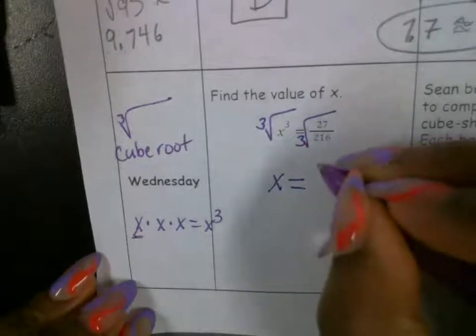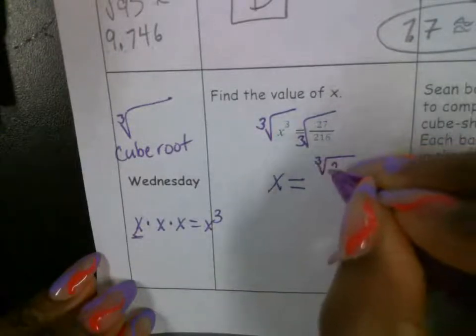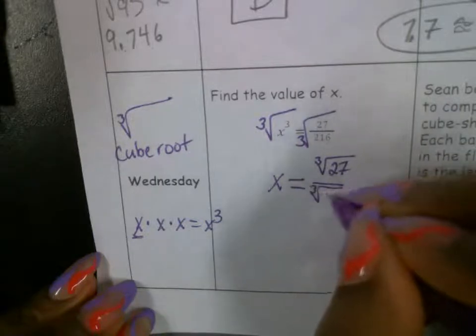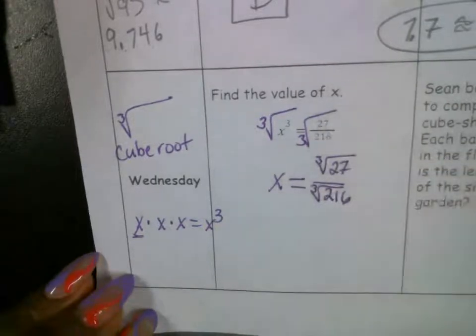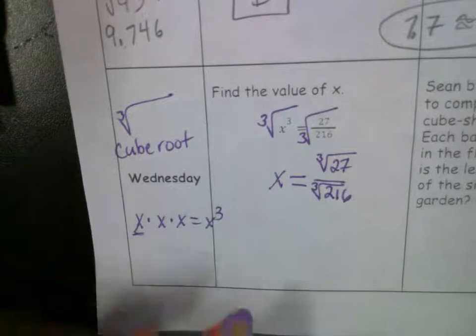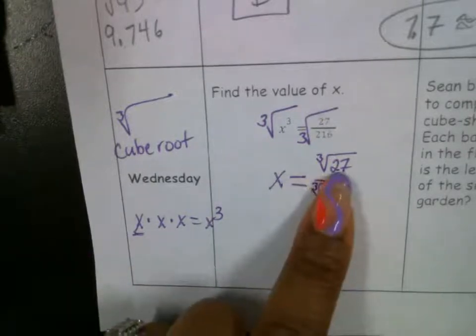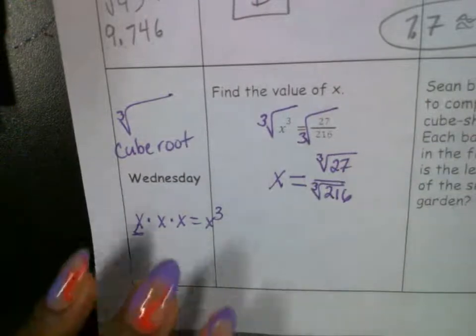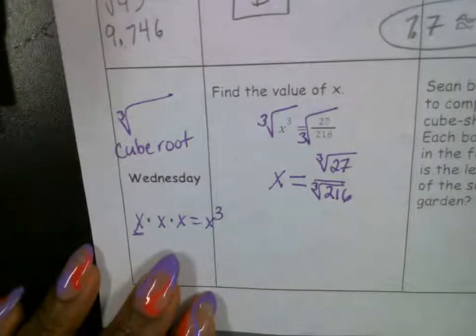Now we're going to find the cube root of 27 and the cube root of 216. We've got to think of what one number can be multiplied times itself 2 other times, a total of 3, to give you 27.